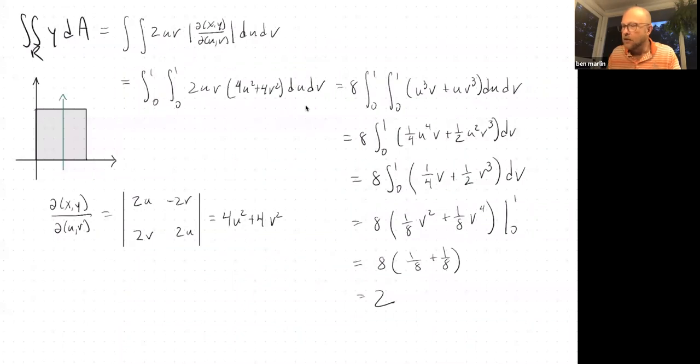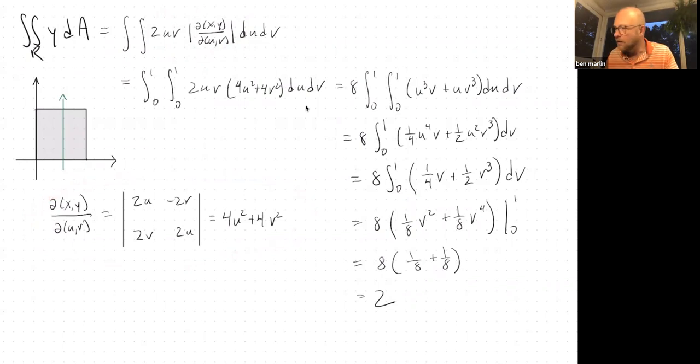All right, so now we're going to set up the integral. It is the double integral of y dA. So with our setup, we just turn the y into 2uv, and then we have to insert that determinant of the Jacobian matrix, and then we'll have to just set up our integral. So coming down here, we'll figure out that Jacobian.